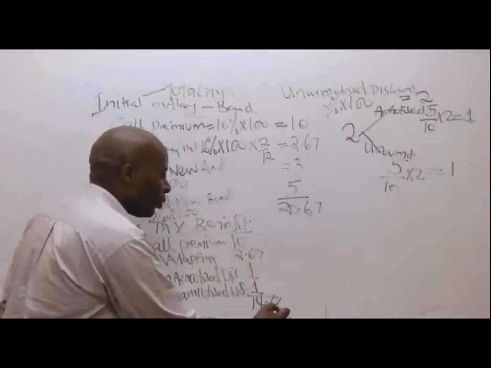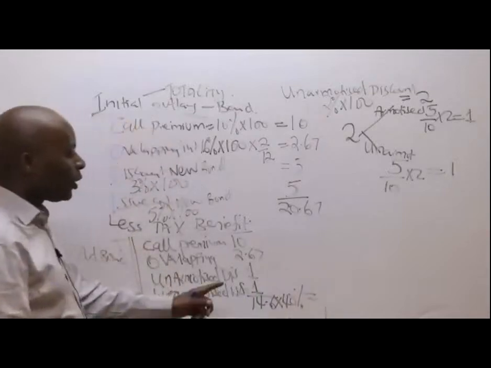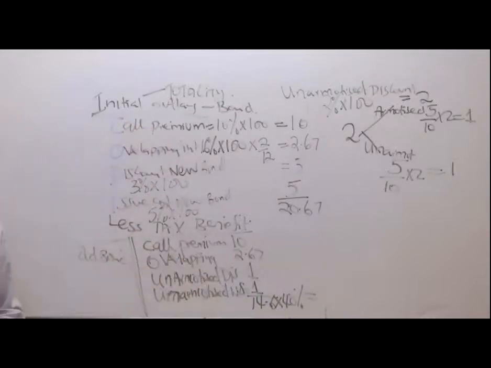Remember, out of this 14.6, we'll only recognize 40%. So what is 40% of that 14.6? 14.67, others are telling me 14.67, fine. What is 40% of 14.67? Somebody give me a figure.